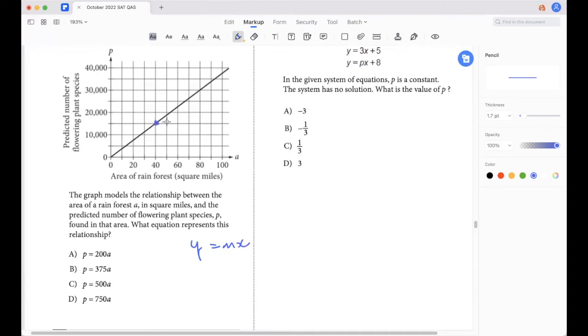So we can use this point 40 comma 15,000. So the slope will be 15,000 by 40. So that will be 4 3s are 12 or 375. So y is 375x, which in this case is option B.